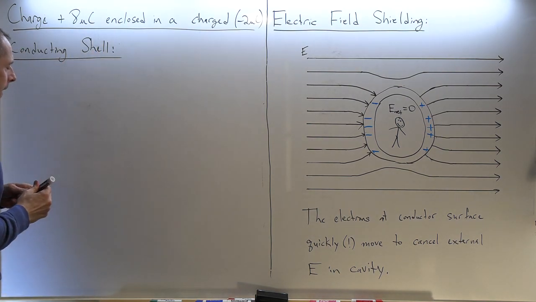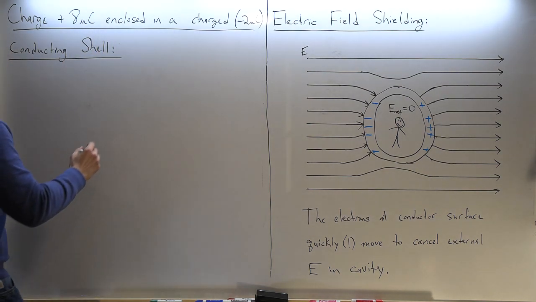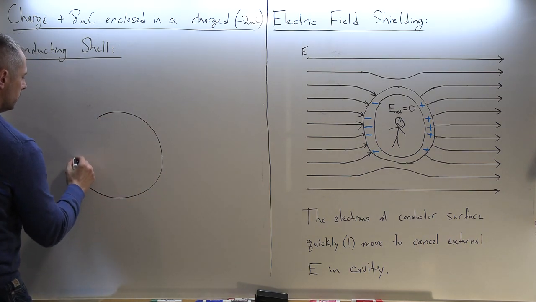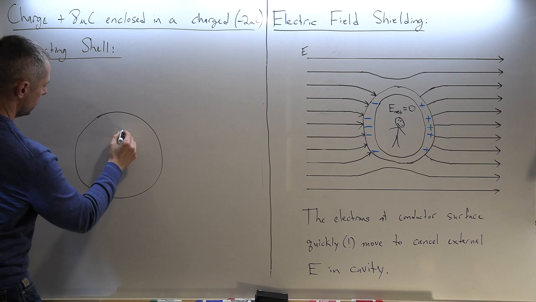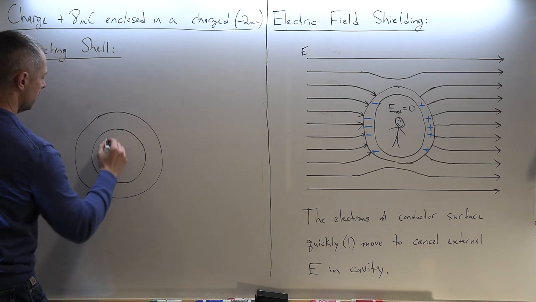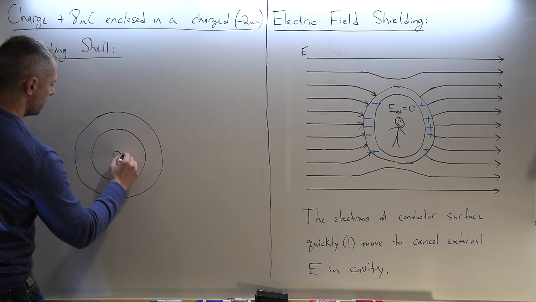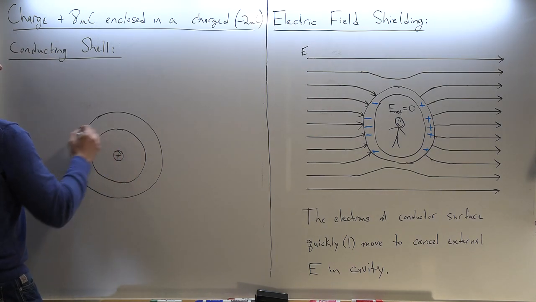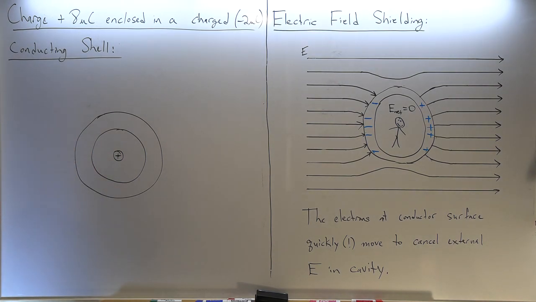Okay, so let me draw the shell here. We've got something like this. And this is plus. And the shell is negative.